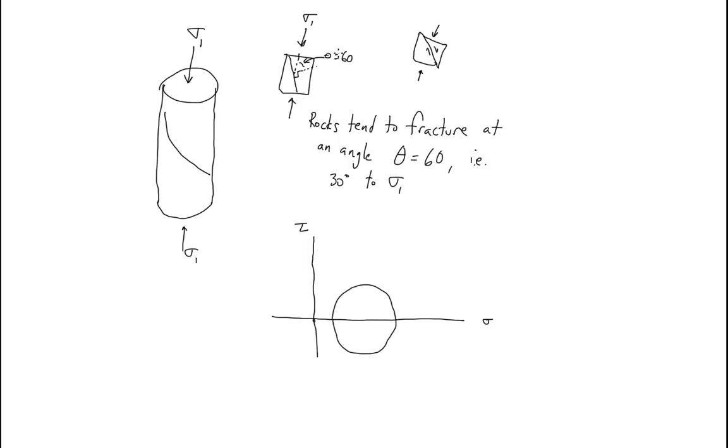So that theta equals 60 corresponds to an angle 2 theta of 120. So this angle we're about to draw right here would be 2 theta, around 120 degrees.